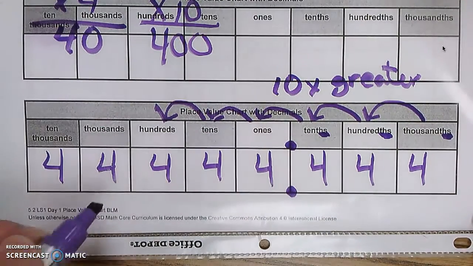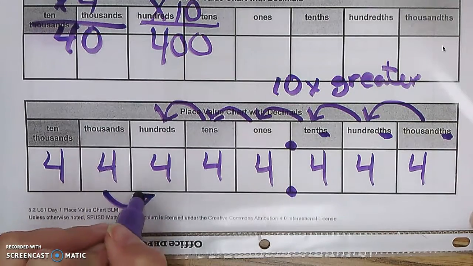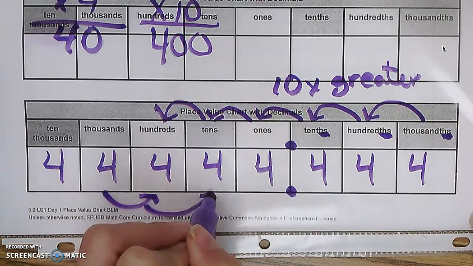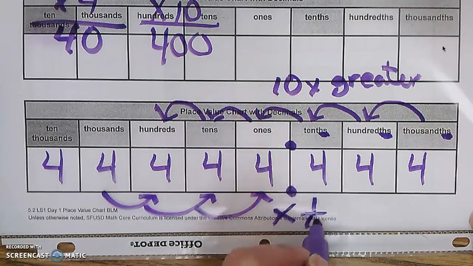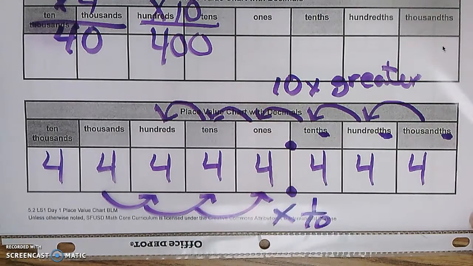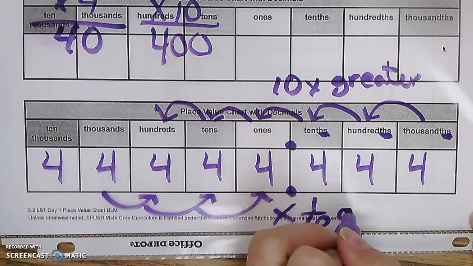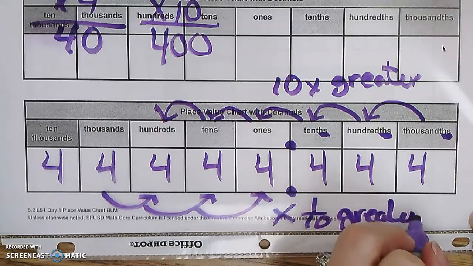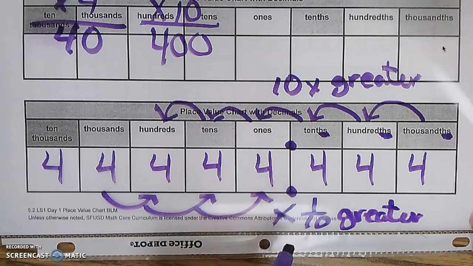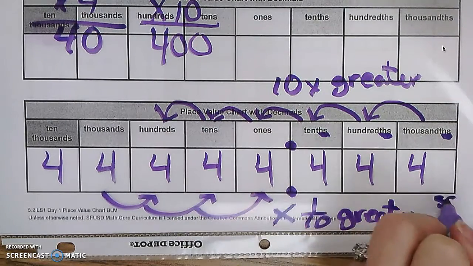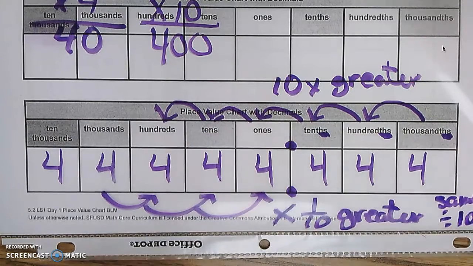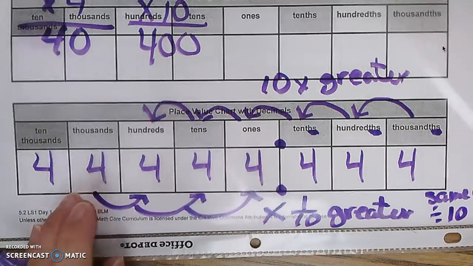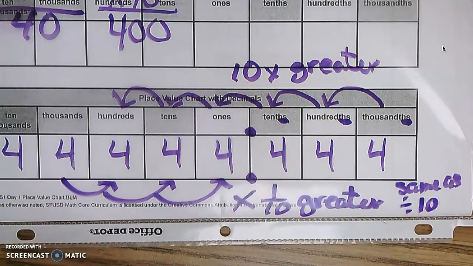The opposite is also true. When I move place values to the right, it is 1/10 of the place before it. 1/10 is the same as dividing by 10.